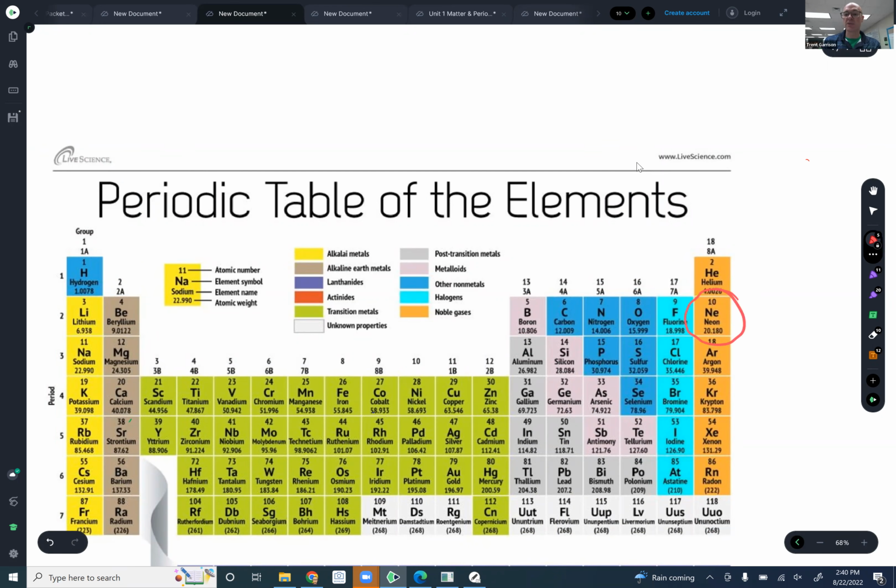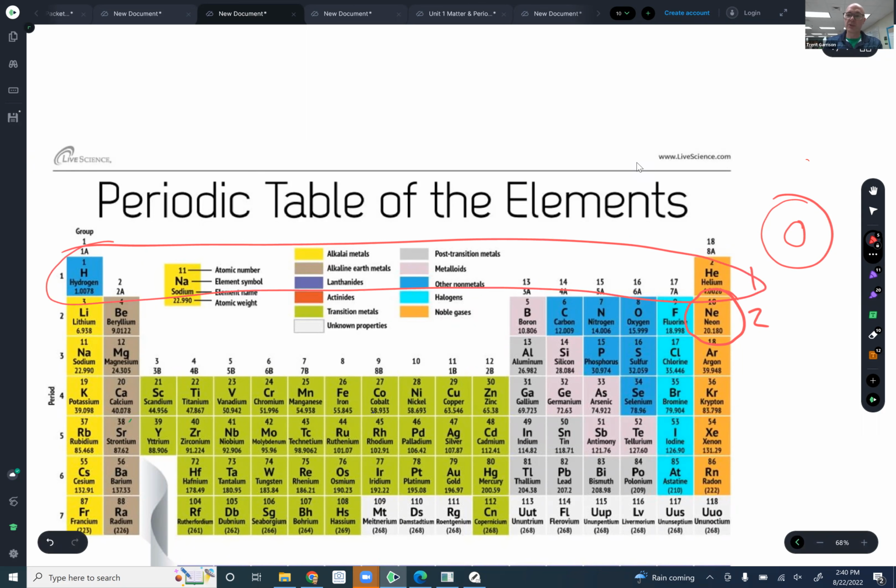So for neon over here, it's element number 10. Now, what I want you to also notice is it's sitting on the 2nd energy level.